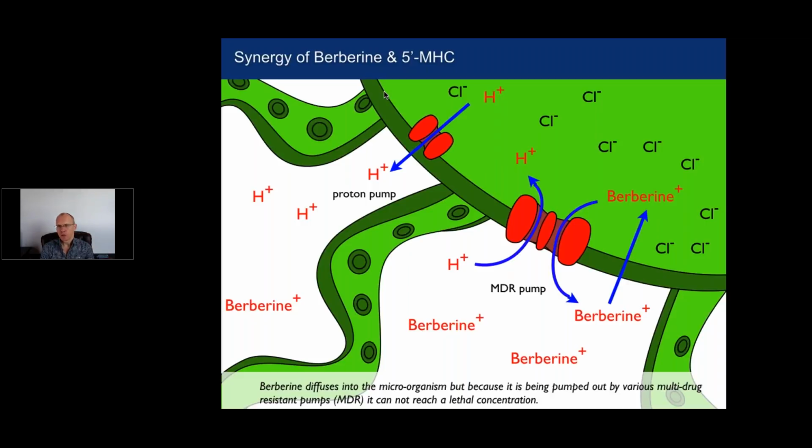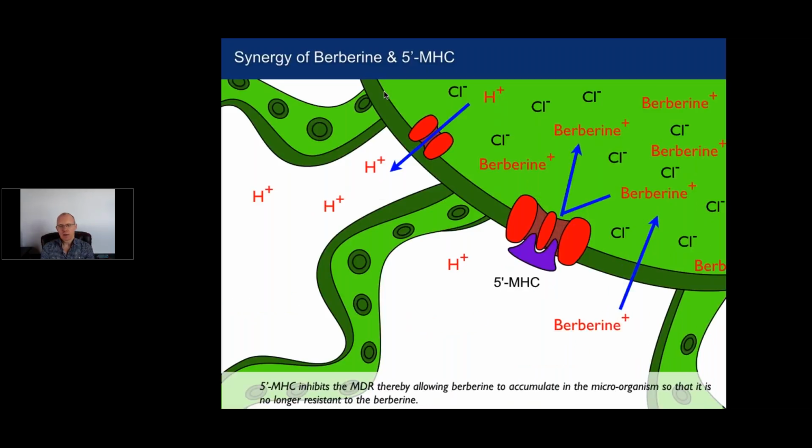Now, the cool thing about herbs like golden seal and Oregon grape is that in addition to containing the berberine, they have this other phytochemical which acts as an inhibitor for this pump. And so we know that there's a bunch of research studies that show there's a flavonolignin called 5-MHC, which they've got to come up with a nicer name for, something that sounds cooler.